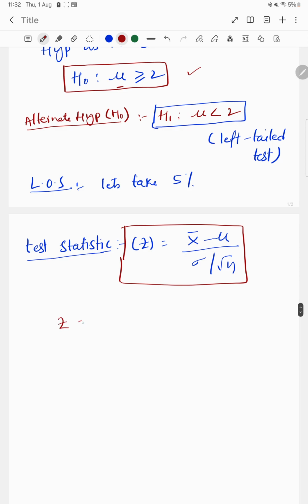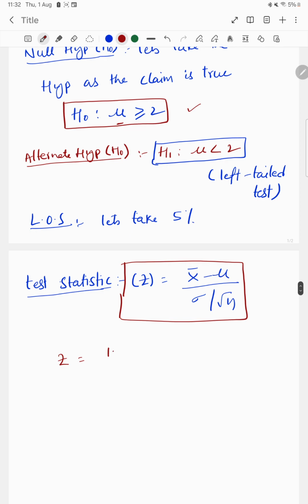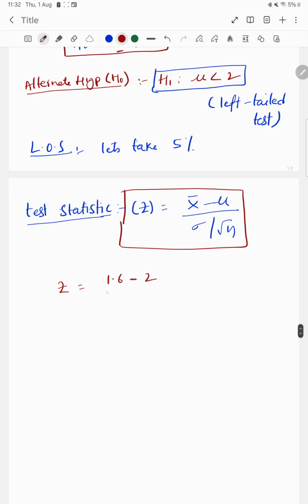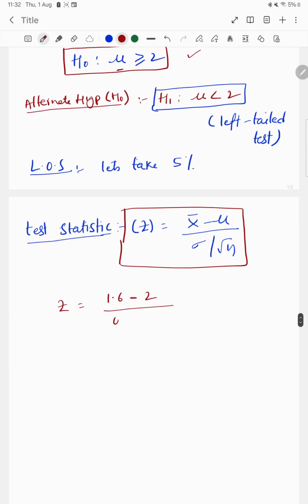This implies Z is equal to x bar, our sample mean, that is 1.6, minus mu, that is 2, divided by sigma, the standard deviation, that is 0.3, divided by root n, root 100. This implies 1.6 minus 2 is minus 0.4, divided by 0.3 divided by root 100, which is 10.